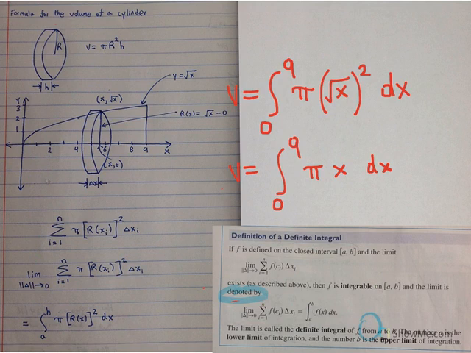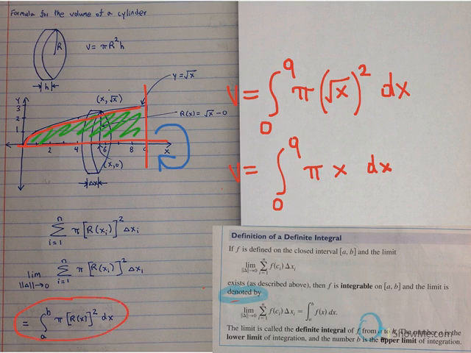So what is the definite integral that will give us the volume of our particular solid of revolution? The solid of revolution is obtained by taking the region bounded by the graphs of y equals the square root of x, x equals 9, and y equals 0. Again, that's our region bounded by these three graphs, the green region. When we revolve it about the x-axis, we get our solid of revolution, and here's how we write the definite integral for its volume.